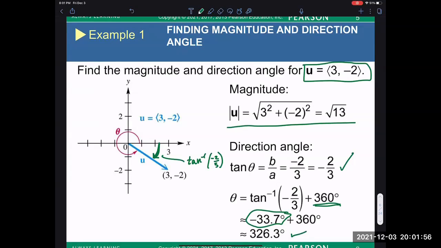We can get those from the square root of a squared plus b squared, and also using the relationship that tan theta equals b over a, and then we can use inverse tangent and get the correct angle measurement with an addition of 360 if needed. So that's a good example to illustrate how we can now take a vector expressed as (a, b), just an x and a y value, and translate that into a magnitude and a theta measurement for that vector.